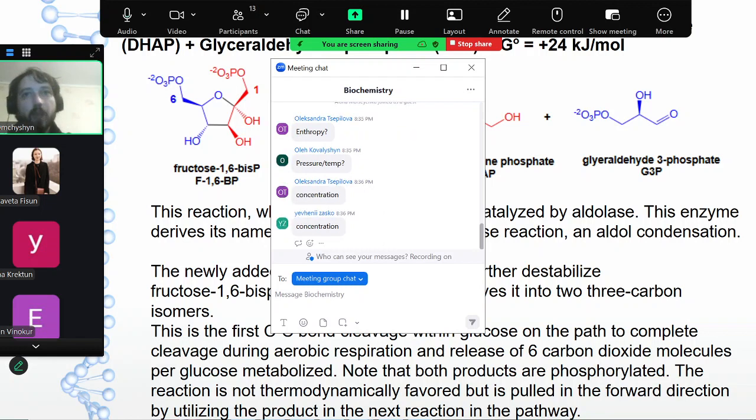Concentration, yes, absolutely correct. It's hard to change pressure in some biological systems. It's really not very good to change temperature, and you can do that in some large range, but you can change concentration.